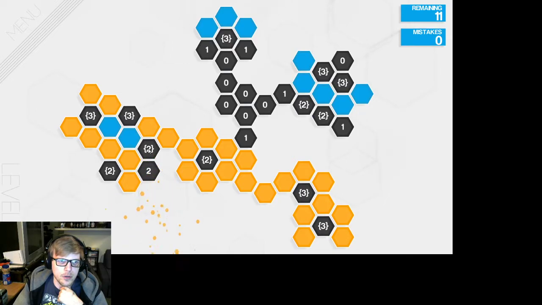This 2 in curly braces means that this one can't be. This 2 means that this one is. That means that neither of these two are for this here. Then we have a 0. This 3 in curly braces forces this hex to be blue.